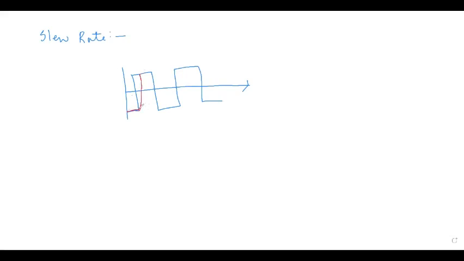The blue line is the input signal and the red line is the output signal. So slew rate is a measure of how fast the output can follow the input.